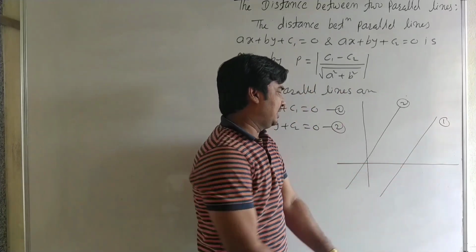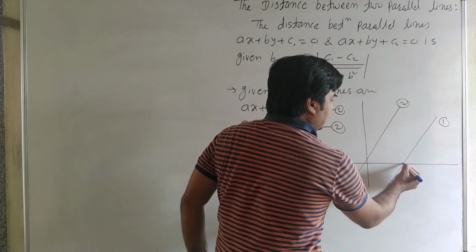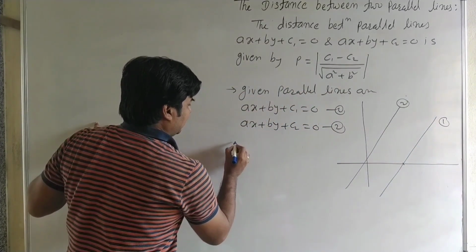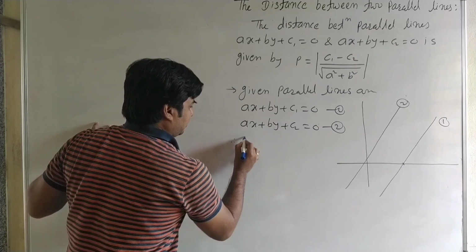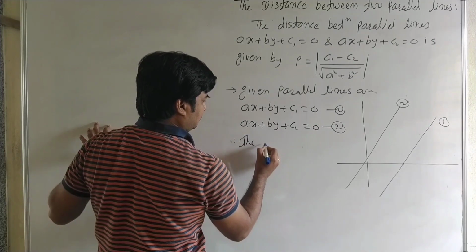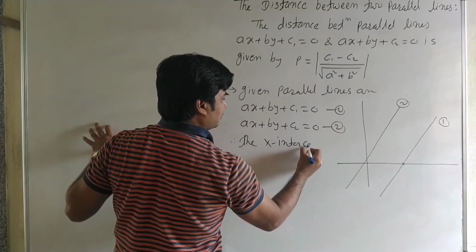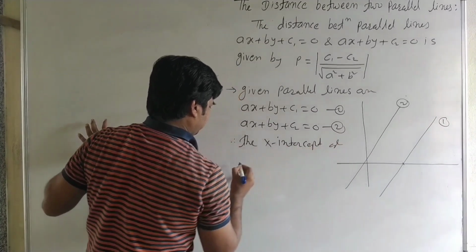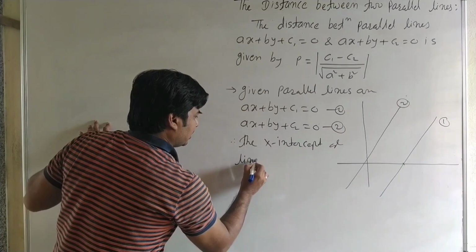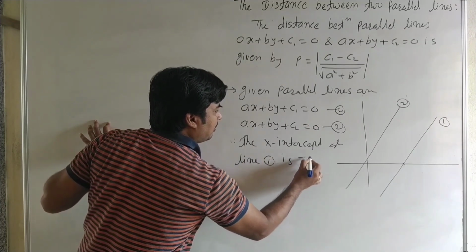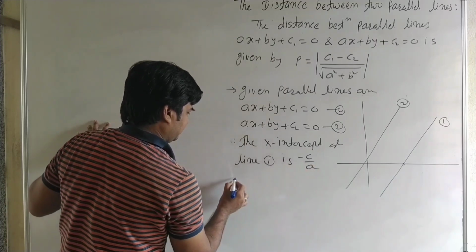Now here, take the x intercept of line 1. Therefore the x intercept of line 1 is minus c by a.